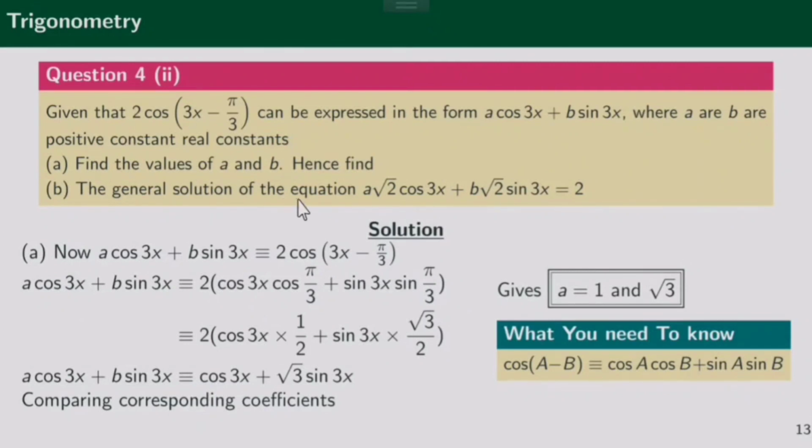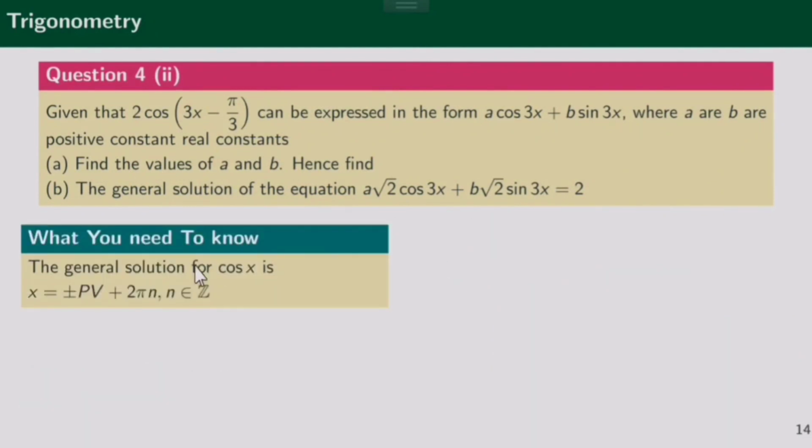Question, hence, let's find a general solution of this trigonometry equation equal to 2. Since we can express this expression in terms of cos, we need to know the general solution for cos x.